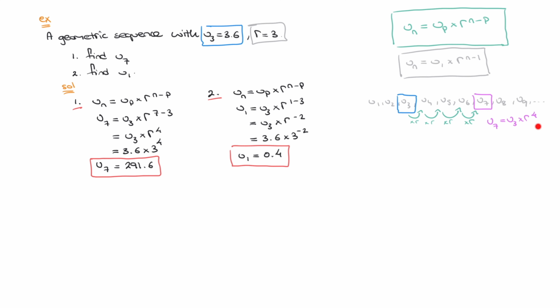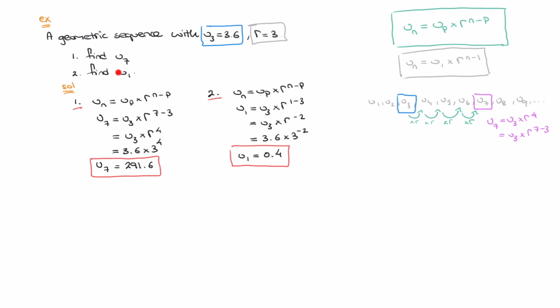And so to really illustrate that this result here is what this formula is telling us to do, we could rewrite the right-hand side as u sub 3 times r raised to the power of 7 minus 3, which is exactly what we'd get from this formula here.